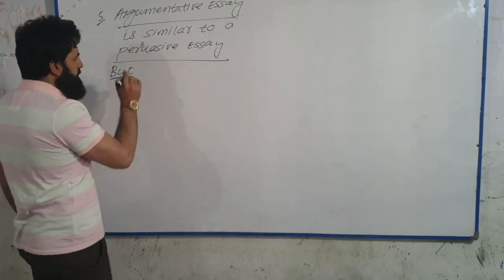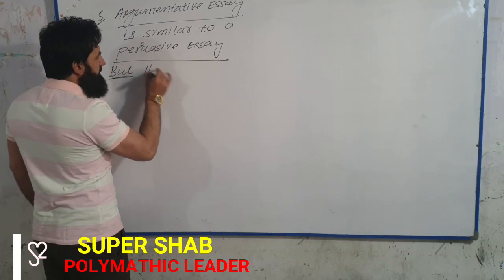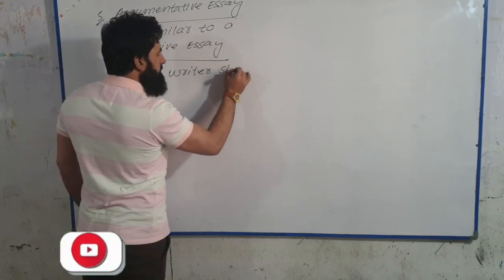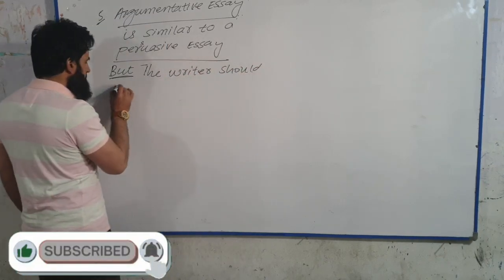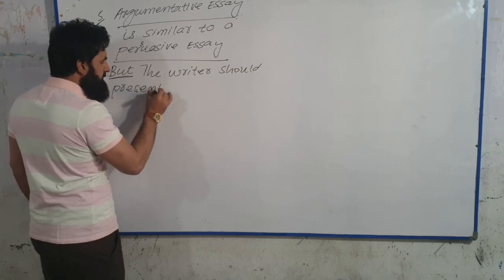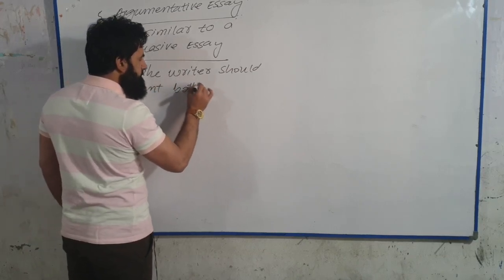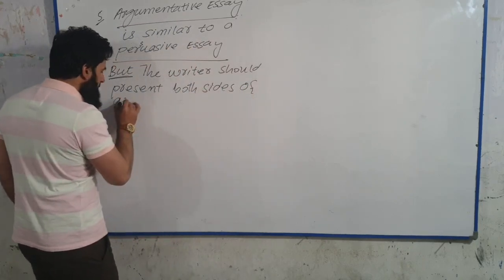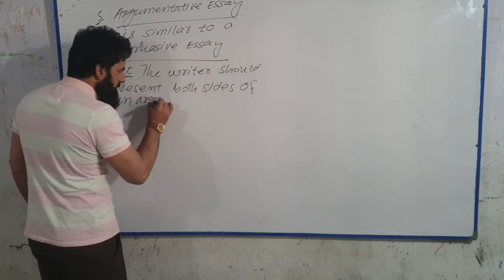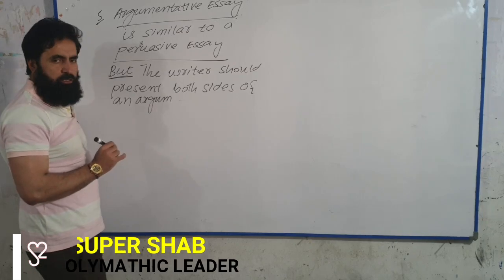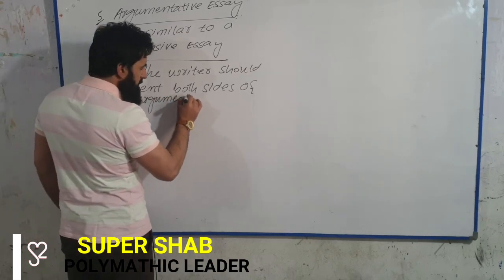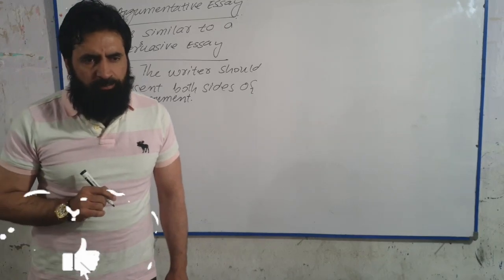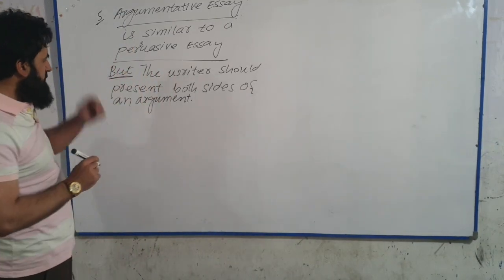The writer should present both sides of an argument, meaning the writer's own and the opposing one, both sides of an argument. Got it?